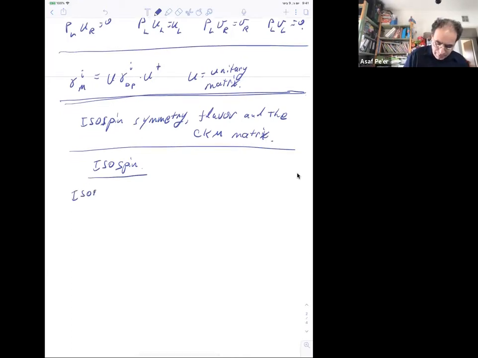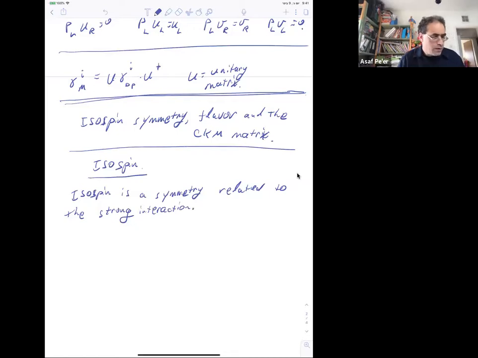Isospin is a symmetry related to the strong interaction that basically is used in explaining how the individual quarks are grouped together into baryons and mesons. Okay, so it has some historical origin, right?